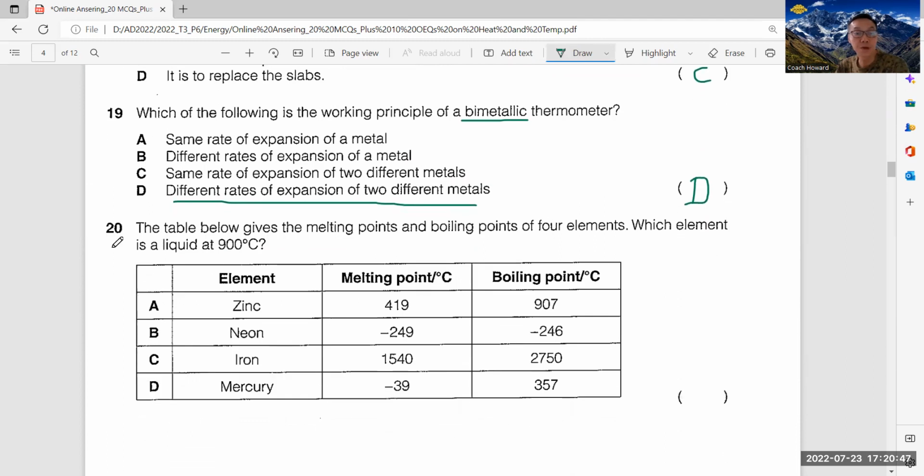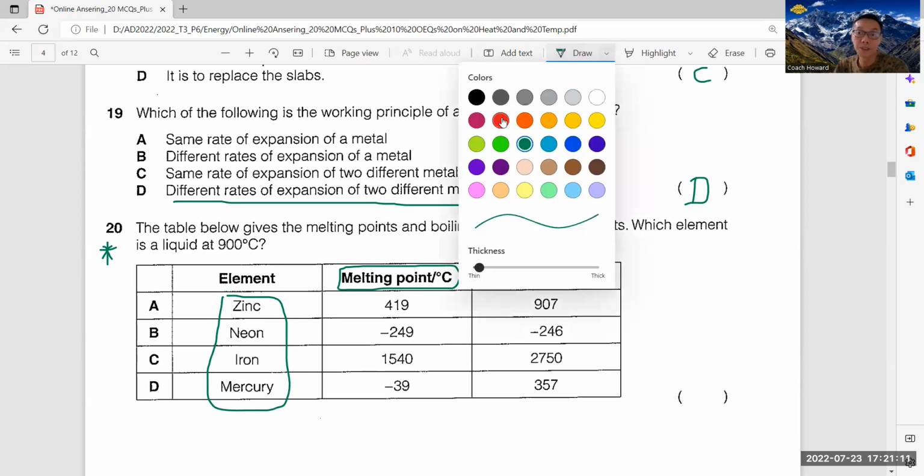Okay, for this last question, I also want you to put an asterisk here to understand, because this can be modified into Section B questions. So you notice this is the melting point. Melting point means when you reach this temperature, the substance will change from solid to liquid because it melts. And then next is the boiling point.